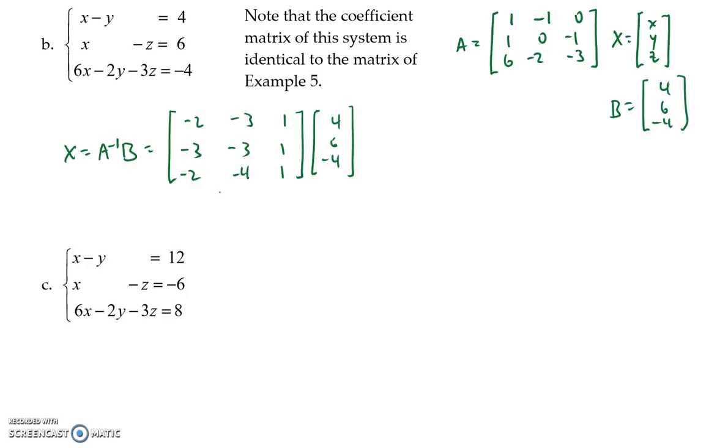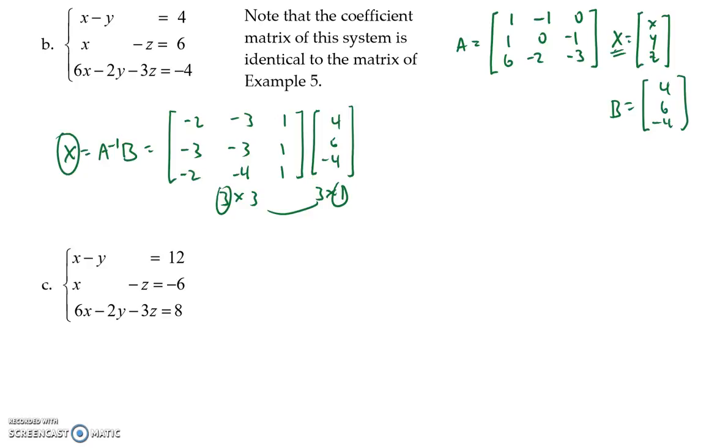A inverse is 3 by 3. B is 3 by 1. Because the inner numbers match, the product is defined, and the outer numbers, the 3 and the 1, determine the order of the product, which would again be a 3 by 1 matrix, just like matrix B, and which it should be because the matrix X is a 3 by 1 column matrix.